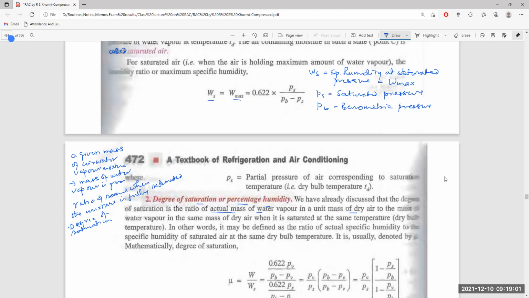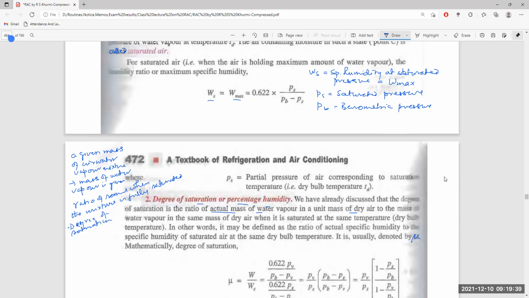It is usually denoted by mu. Mathematically, the degree of saturation mu is W by Ws, the actual mass of vapor present in the given mixture divided by the mass of vapor present in the same mixture at the same temperature when it is fully saturated.